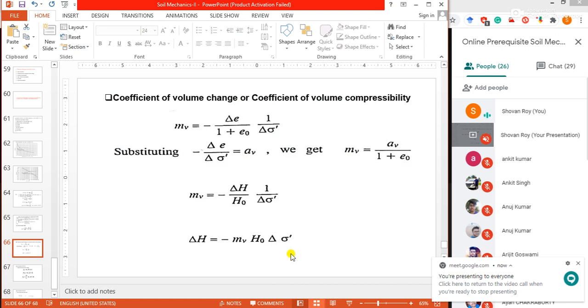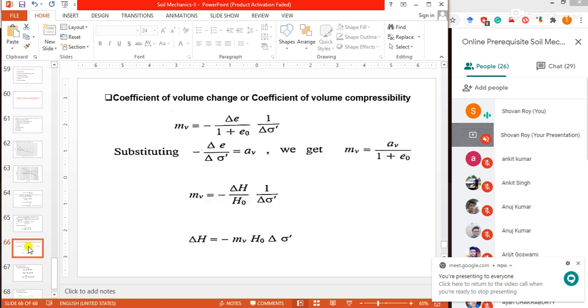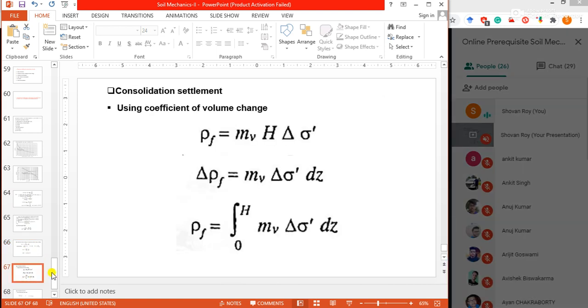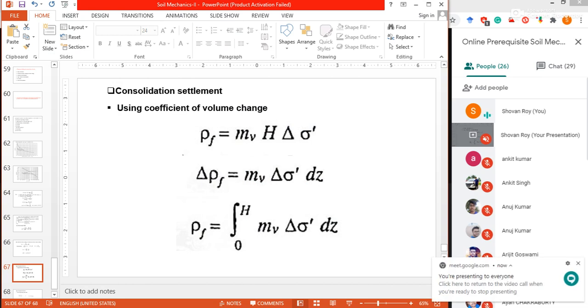Next, after these equations, compression index, then coefficient of compressibility and coefficient of volume change. Next is consolidation settlement. The consolidation settlement can be computed by two methods.